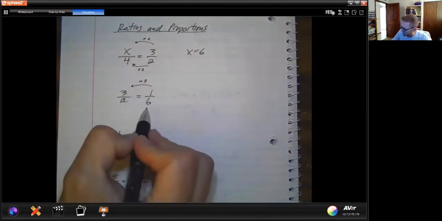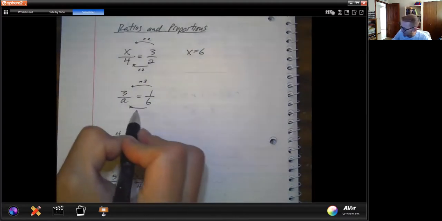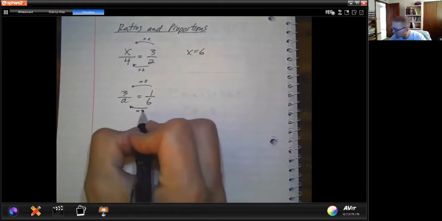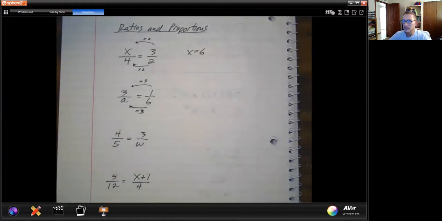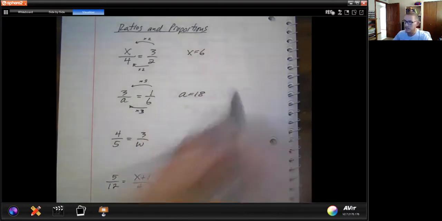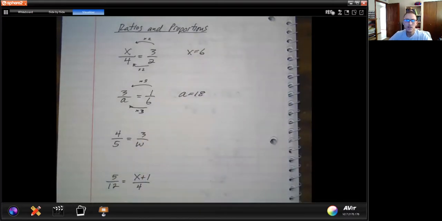And I'm going to have to do the same thing on the bottom of the fraction and multiply by 3. And 6 times 3 is 18, so therefore a equals 18.